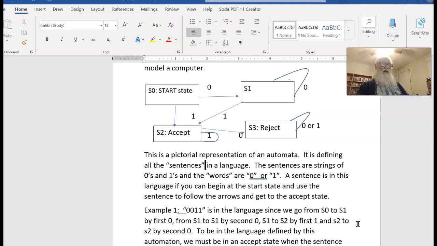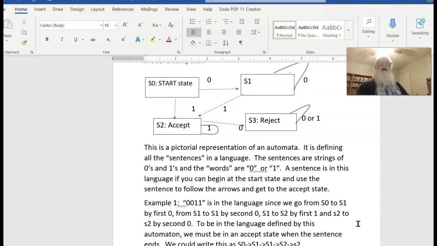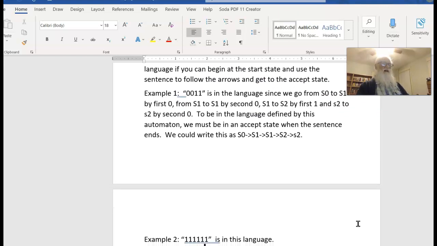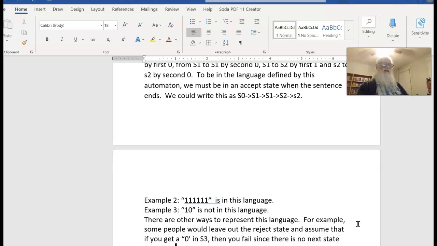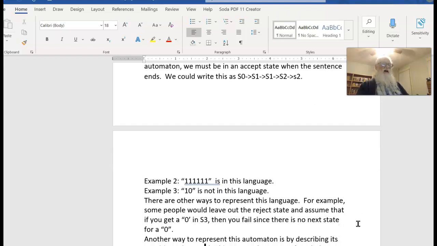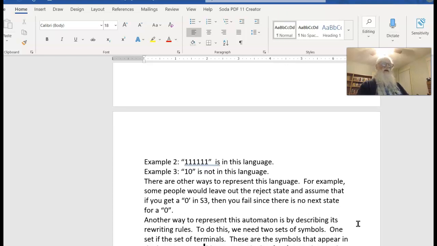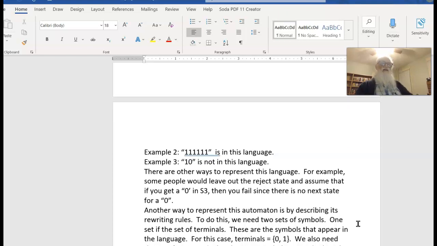Now, another way of expressing an automaton is, oh, by the way, I gave you some that did work and some that did not work, so you can look at those. Another way of doing it is what might be called rewriting rules. The grammar I showed you is a set of rewriting rules.